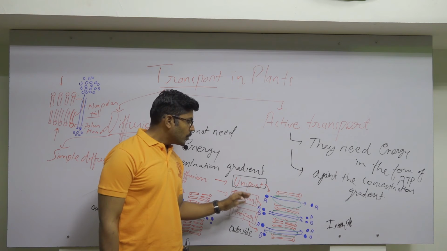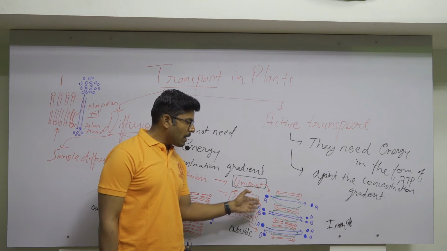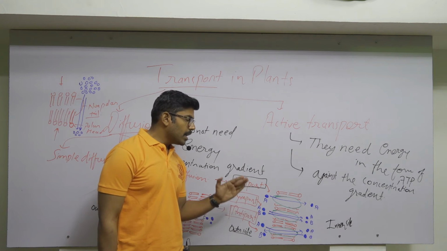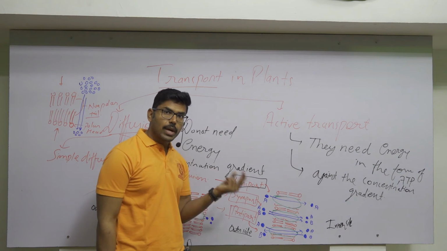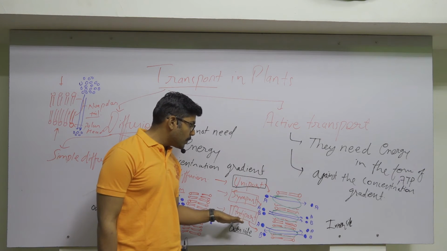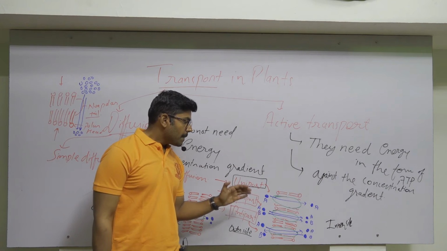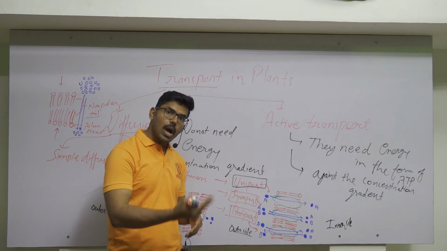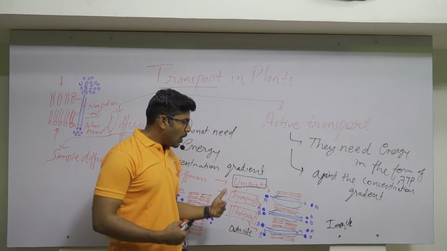In symport, two molecules will be transported from the outer side to the inner side by a carrier protein in one direction, that is unidirection, that is called symport. Whereas in antiport, the two molecules will be transported from the outer side to the inner side and from the inner side to the outer side, in the opposite direction.